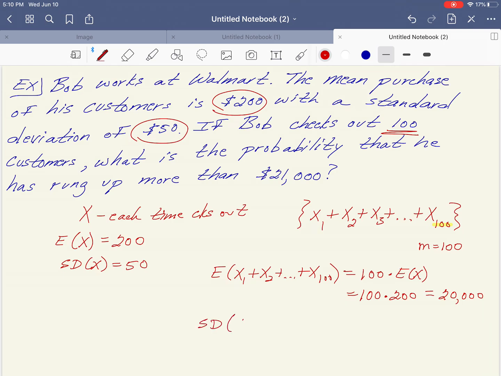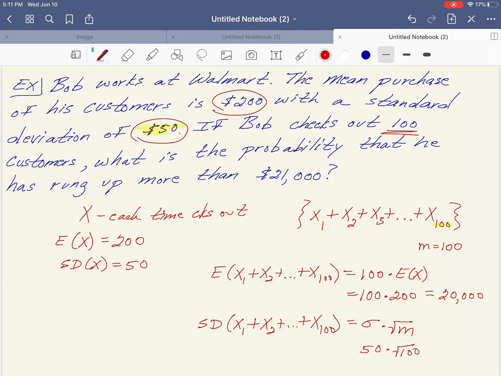Okay, and then we have that the standard deviation is equal to whatever the standard deviation was multiplied by the square root of M. Well, the standard deviation is 50, right? And M is still going to be 100.